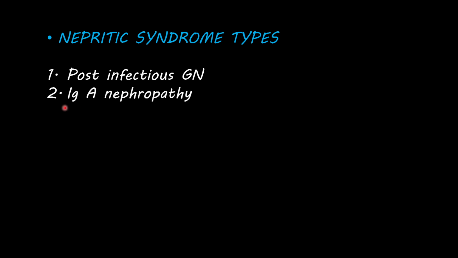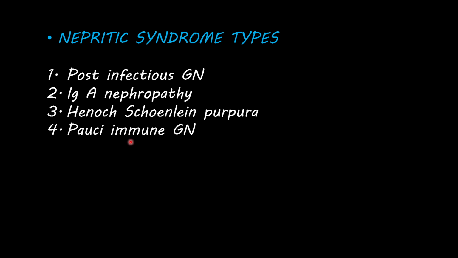So what are the causes of nephritic syndromes? Number 1 is post-infectious glomerulonephritis, IgA nephropathy, Henoch-Schönlein purpura, HSP GN, pauci-immune GN, anti-GBM GN, which is actually called Goodpasture syndrome.